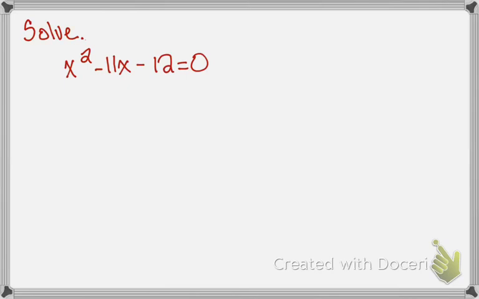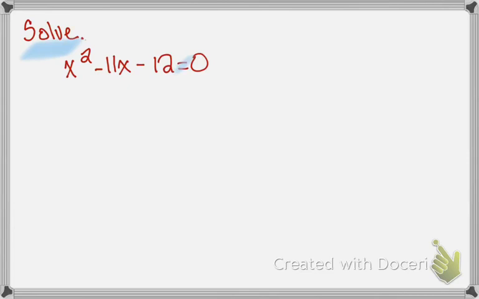What do my directions say? It says to solve. That's my first clue. There's another clue in here that we're doing something different. What's the other clue? The equal sign. The equal sign is kind of a red flag that we're doing something different.